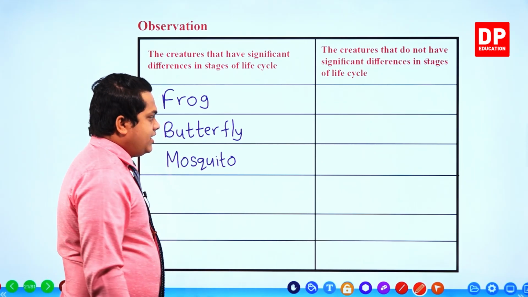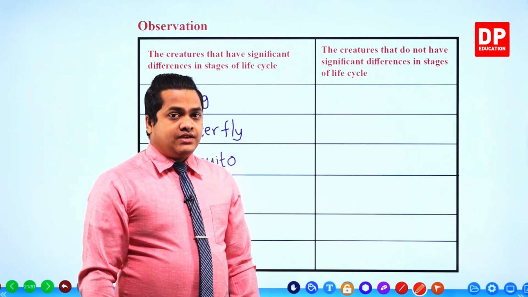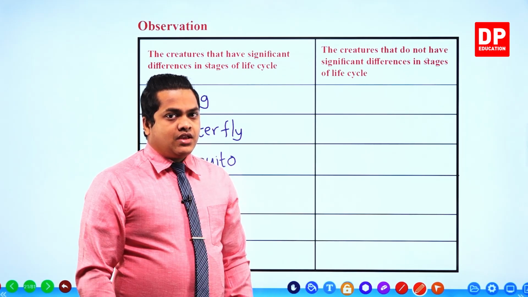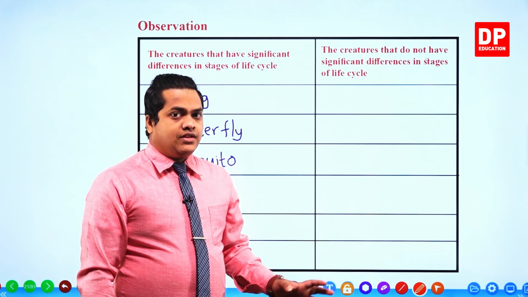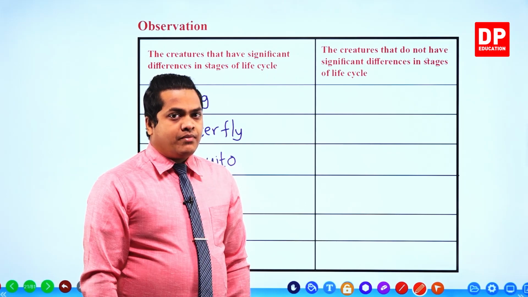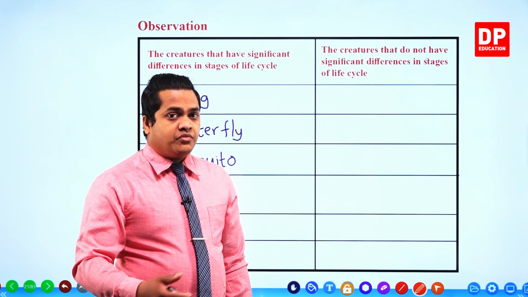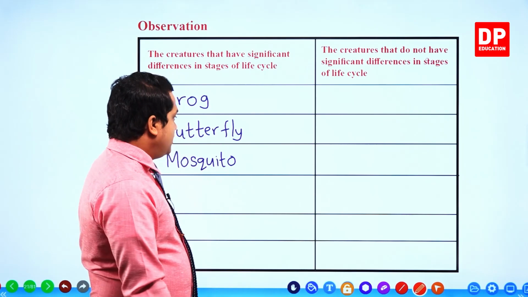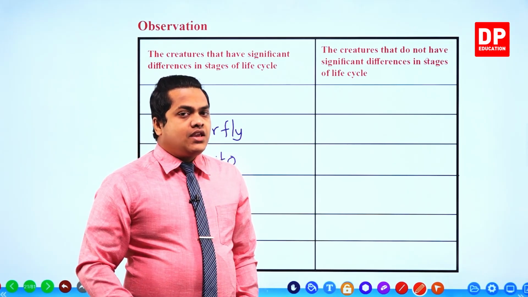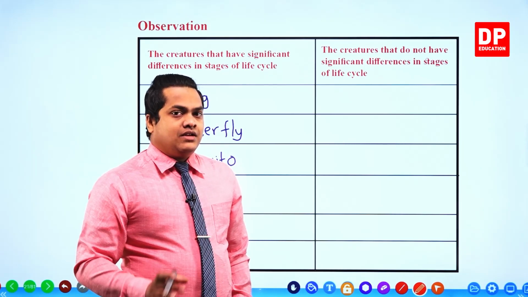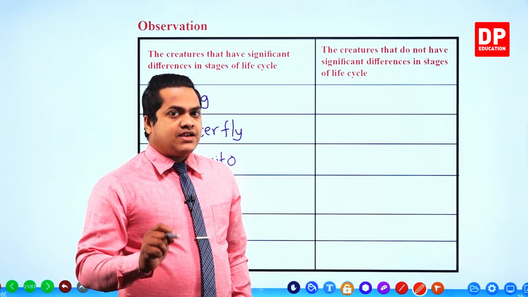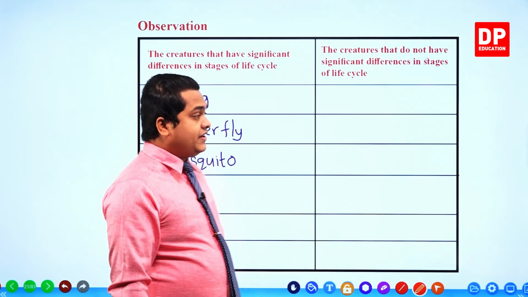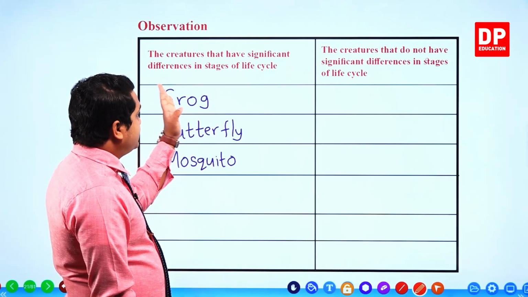So these are the three main organisms that have significant changes within their life cycle stages. We'll be studying the life cycles of these organisms one by one in the lessons that come later in this chapter. Okay, so frog, butterfly, mosquito are the three main organisms that have different stages within their life cycles. Different stages here means they have significant changes or significant differences in stages of the life cycle.